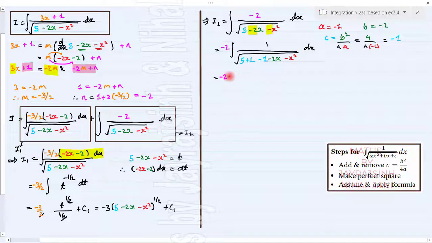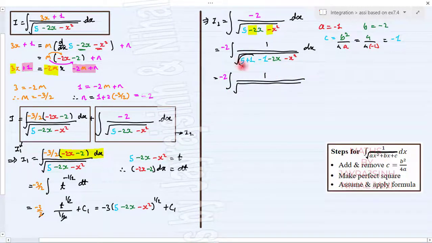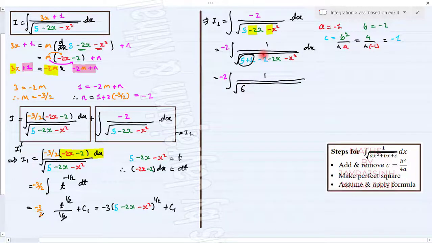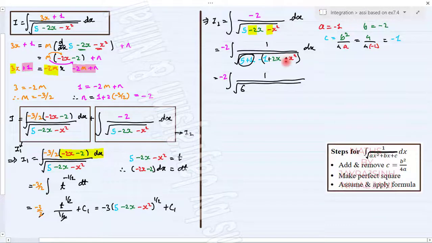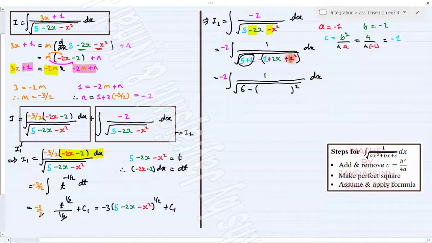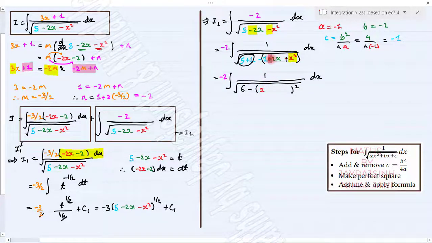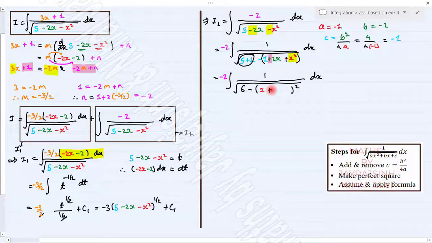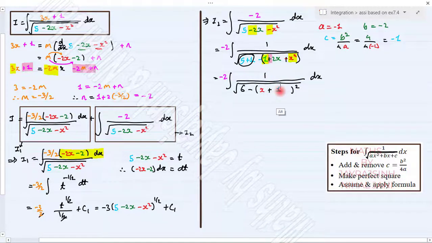So we can say in the denominator this 5 plus 1 will become 6, and after taking minus common we will get the perfect square of root of first term, which is x, sign of middle term, which is plus, and root of last term, which is 1.